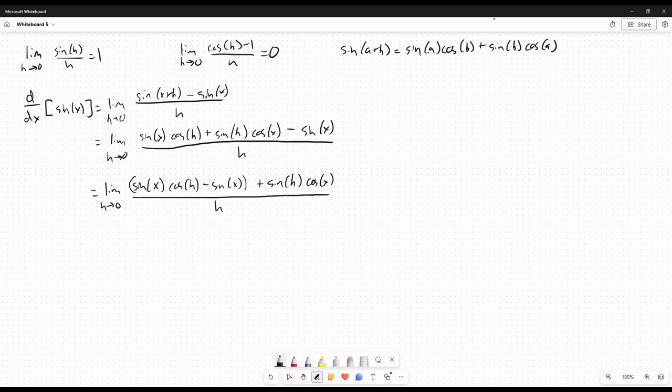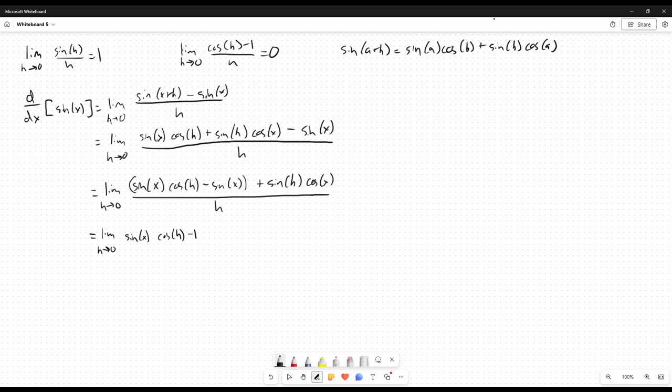Let's split this into two pieces. While I'm splitting it, I'm also going to factor out a sine of x here. So this is going to be the limit as h approaches 0 of sine of x times cosine of h minus 1.